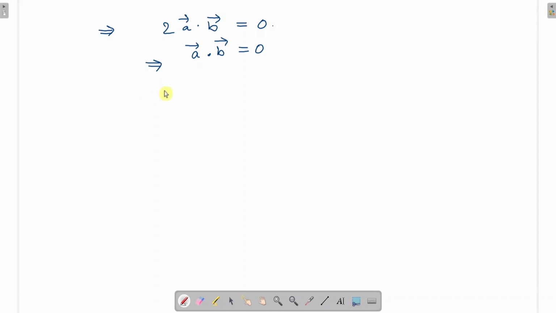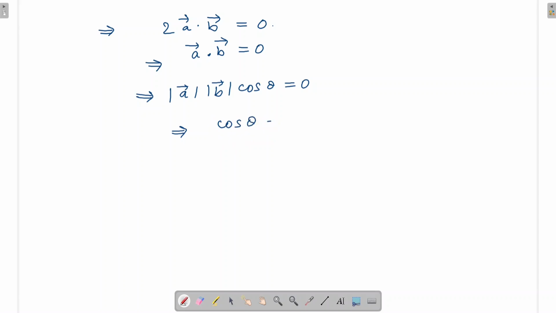Okay, so now from here, by definition of a bar dot product b bar, we will get magnitude of a bar times magnitude of b bar times cos theta is equal to 0, right? So this implies, now we can divide by magnitude of a bar times magnitude of b bar on both sides, because magnitude of a bar and magnitude of b bar are not equal to 0.